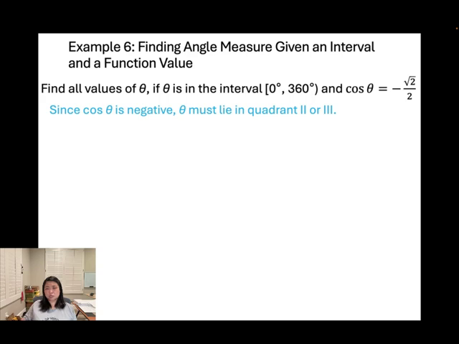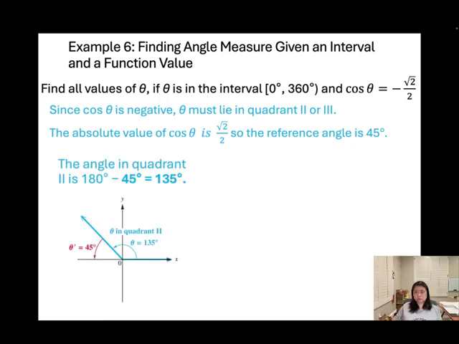The absolute value of cosine theta is root 2 over 2, so the reference angle is 45 degrees. You could look back at the triangle, right? Root 2 over 2 has to be 45 degrees.